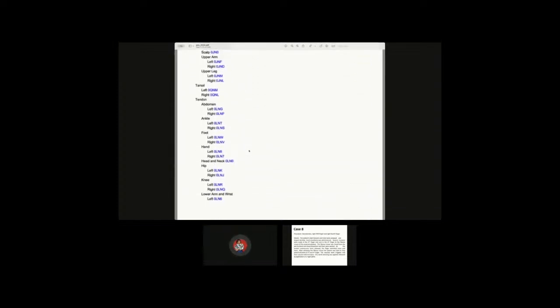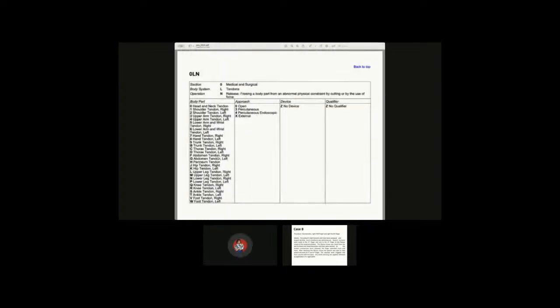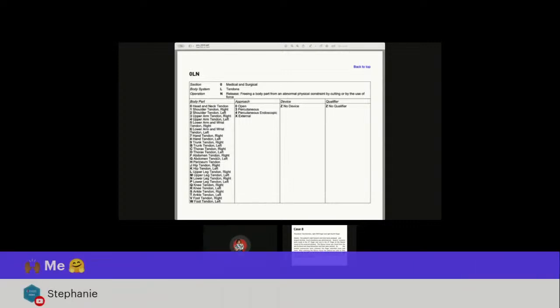And under tendon, I'm going to go to hand. And then this was on the right side. So, it will take me to table 0LN. And the fourth character of 7 is for the right hand. We do know that they made these incisions so that they could see the area. So the approach is open, no device, and no qualifier.